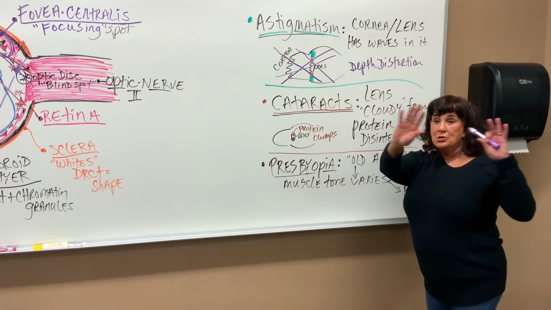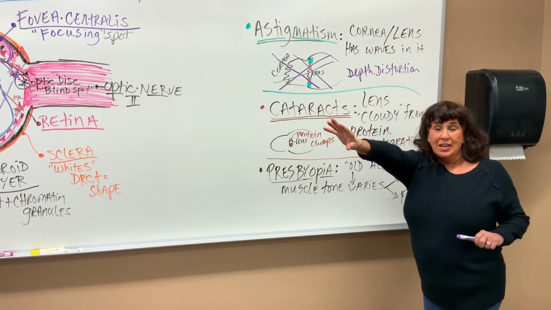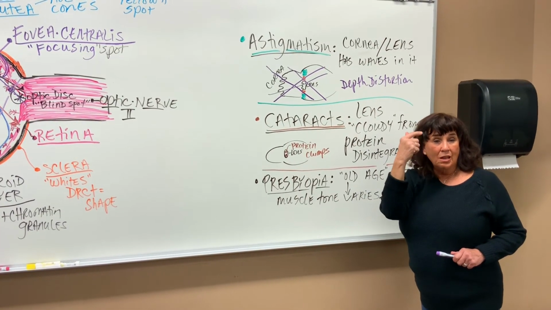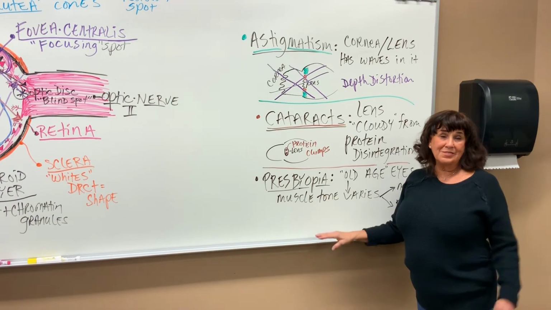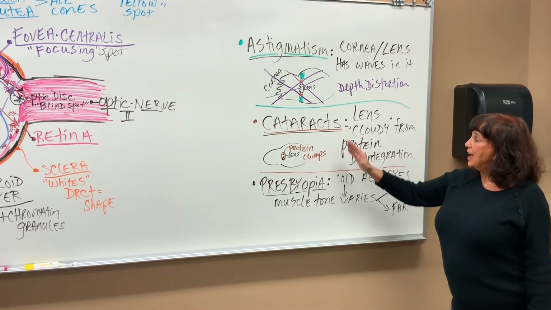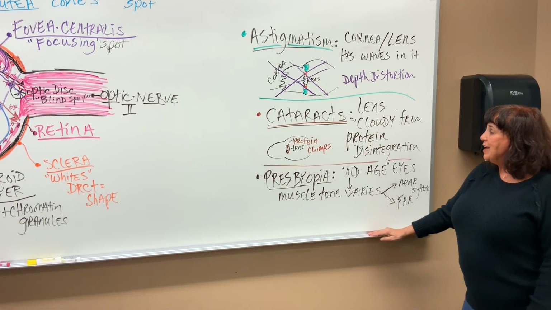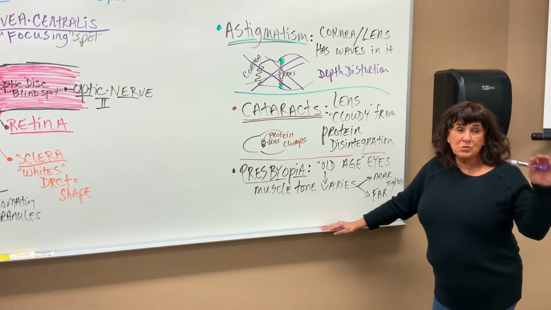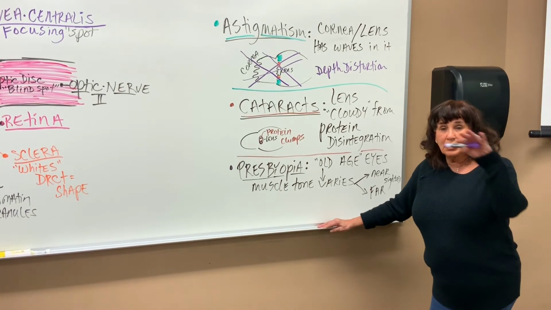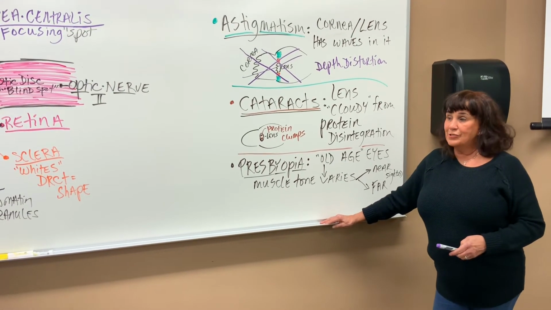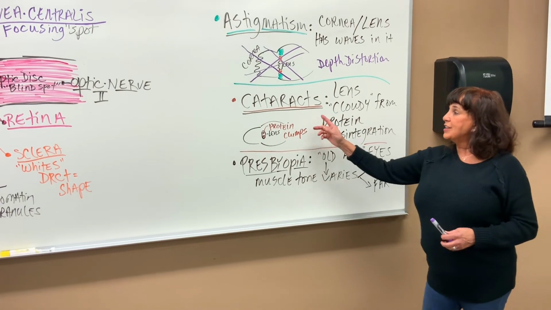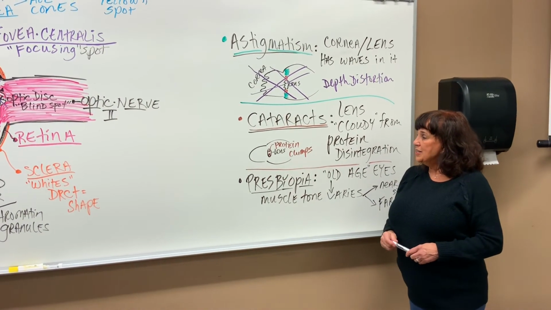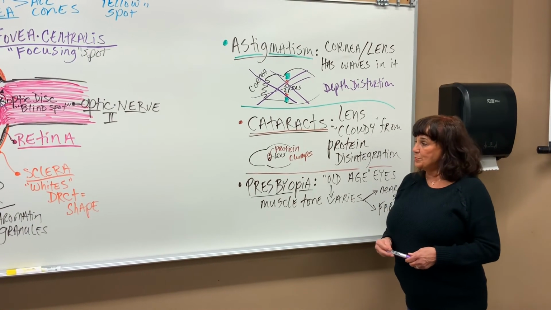And so when you look through and see out here, maybe the periodic table will be all fuzzy over there because I got a clump of protein from my cells breaking down. And so cataracts are just a lens problem, from the breakdown of the stratified squamous epithelial cells, which makes protein clumps, and then it looks like you're looking through a forest, a white forest, right, a fuzzy forest. So that's cataracts, and they have wonderful surgery to replace your lens now, and it's like immediately you see perfectly.